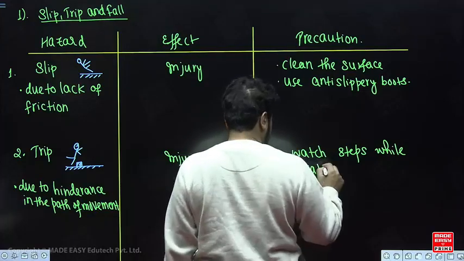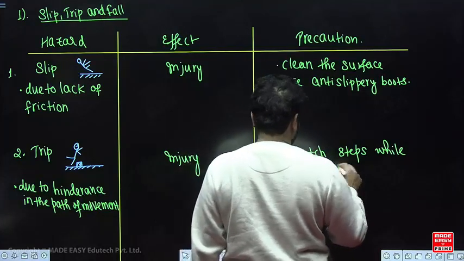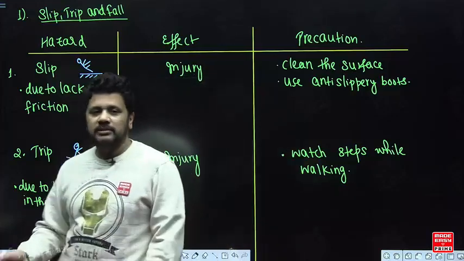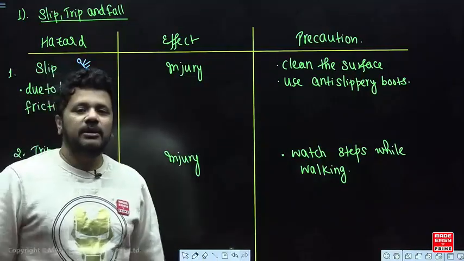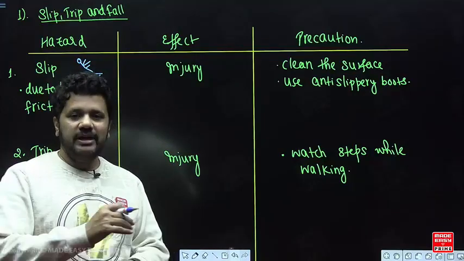ठीक है. अब जैसे कभी क्या होता है कि घरों के अंदर भी आदमी ट्रिप कर जाता है. Maybe some almirah is open, maybe some slippers are scattered, maybe someone has put the cables here.